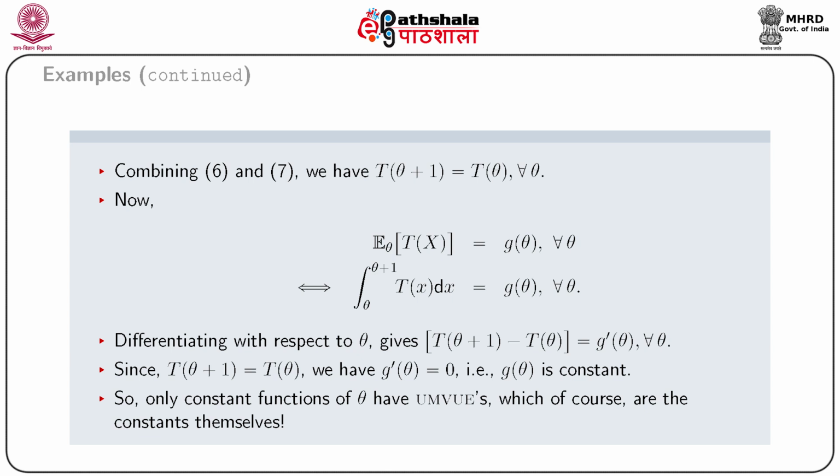Differentiating with respect to theta by Leibniz theorem, we get T(theta + 1) - T(theta) = g'(theta) for all theta, which implies g'(theta) = 0 for all theta, which is a contradiction to the fact that g(theta) is a non-constant function of theta.